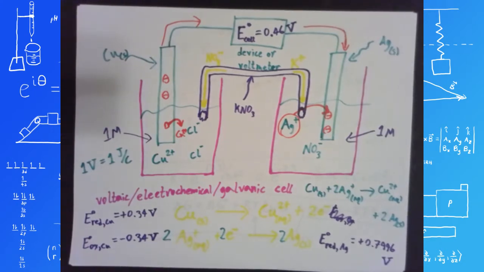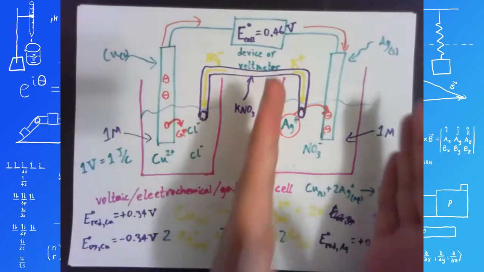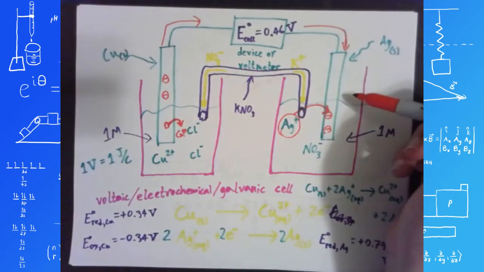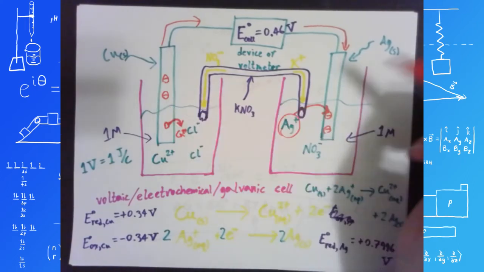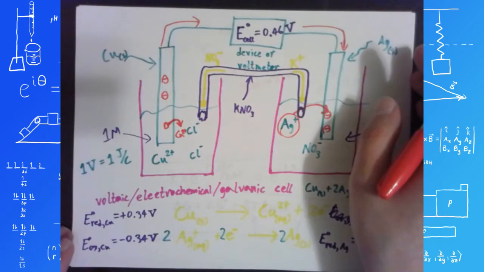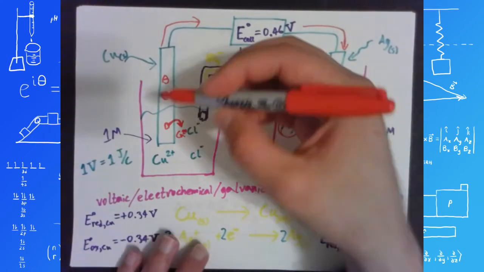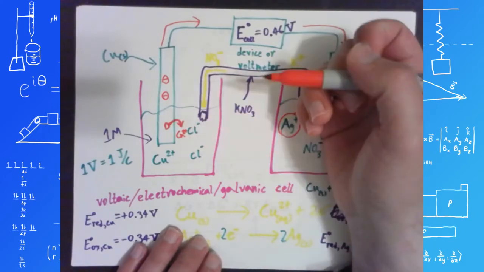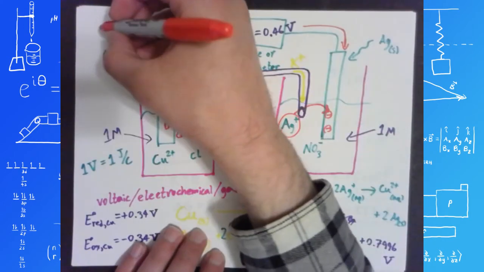Okay, I just realized I forgot to mention something. So we give two special names to the two different compartments, the two different electrodes that are involved in a voltaic cell. The electrode where the oxidation happens is always called the anode.